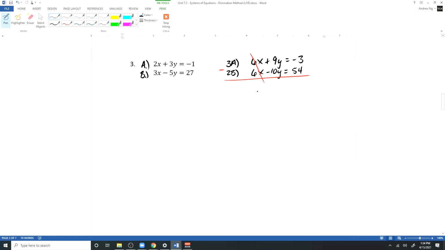Excellent, that's exactly what I want. 9y minus -10y. Again, careful with your negatives. When I'm subtracting a negative, it'll actually be like adding. So this will be 19y equal to -3, and then minus 54 is going to be -57.